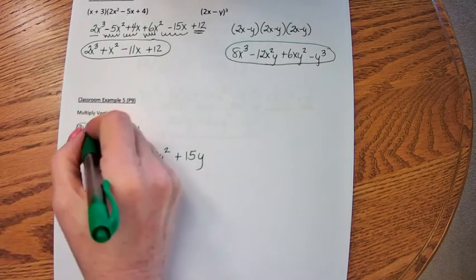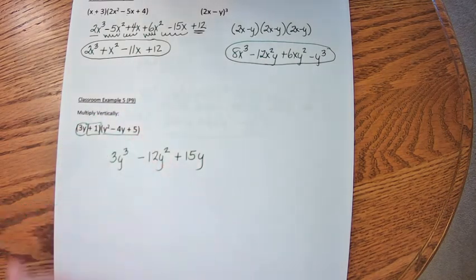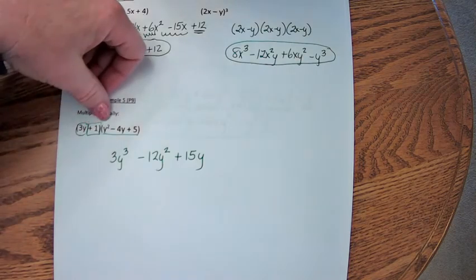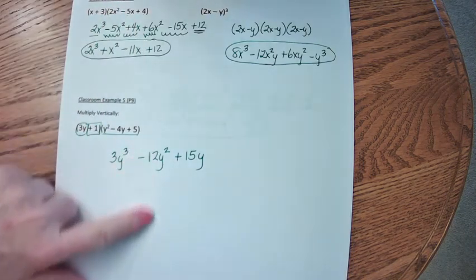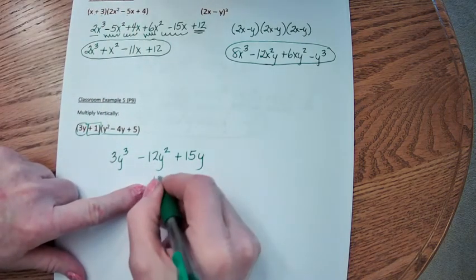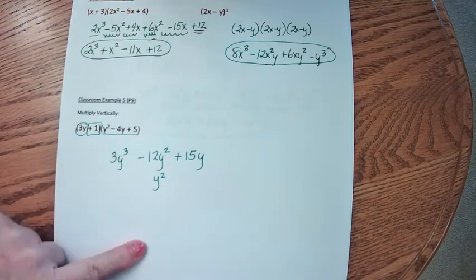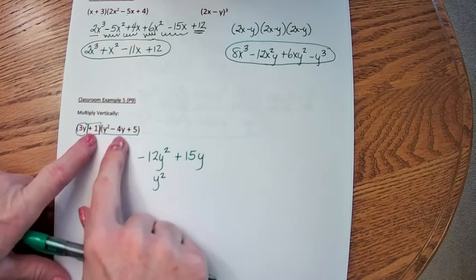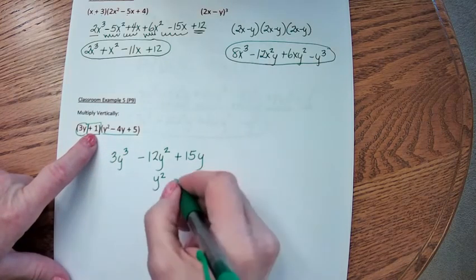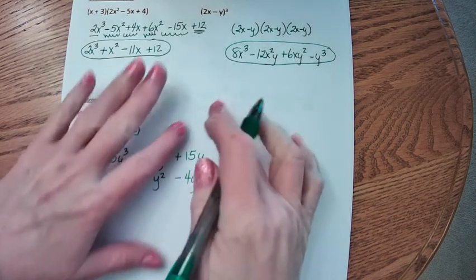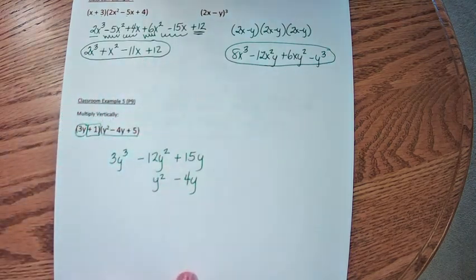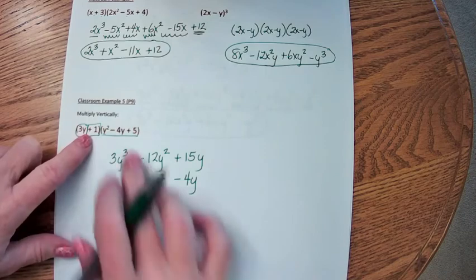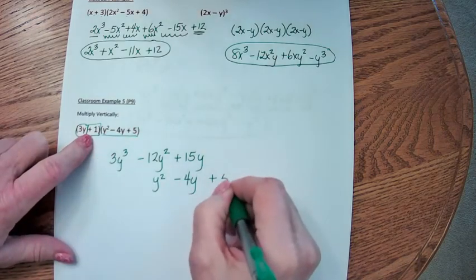So now when I move over, I'm going to multiply everything in the second term by 1. 1 times y squared is y squared, but I'm going to put that in my y squared column. I'm lining up my like terms before I have to combine them. 1 times negative 4y is negative 4y. I'm going to put that in my y to the first column. And then 1 times 5 is 5.